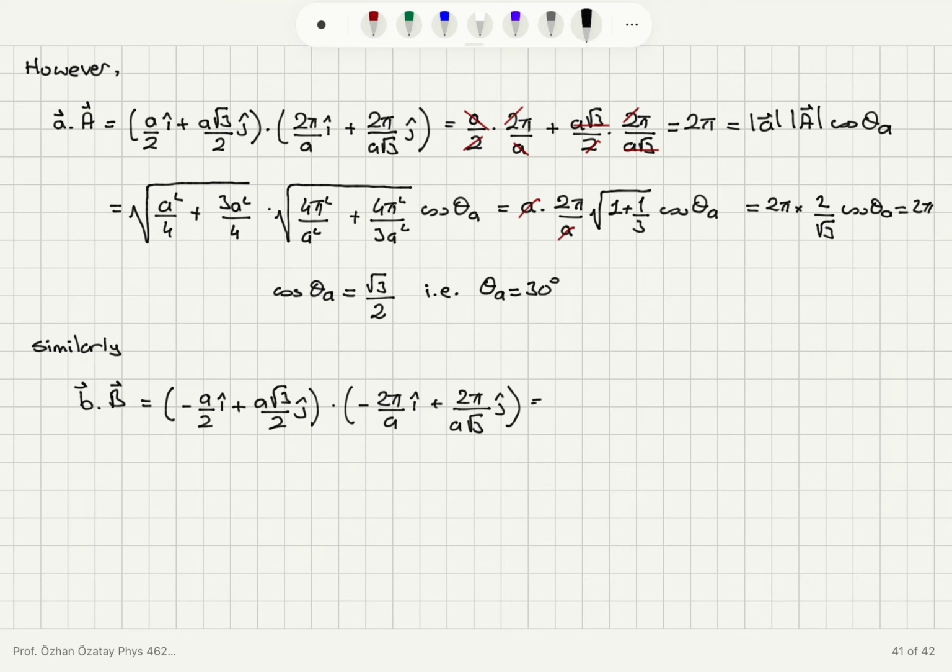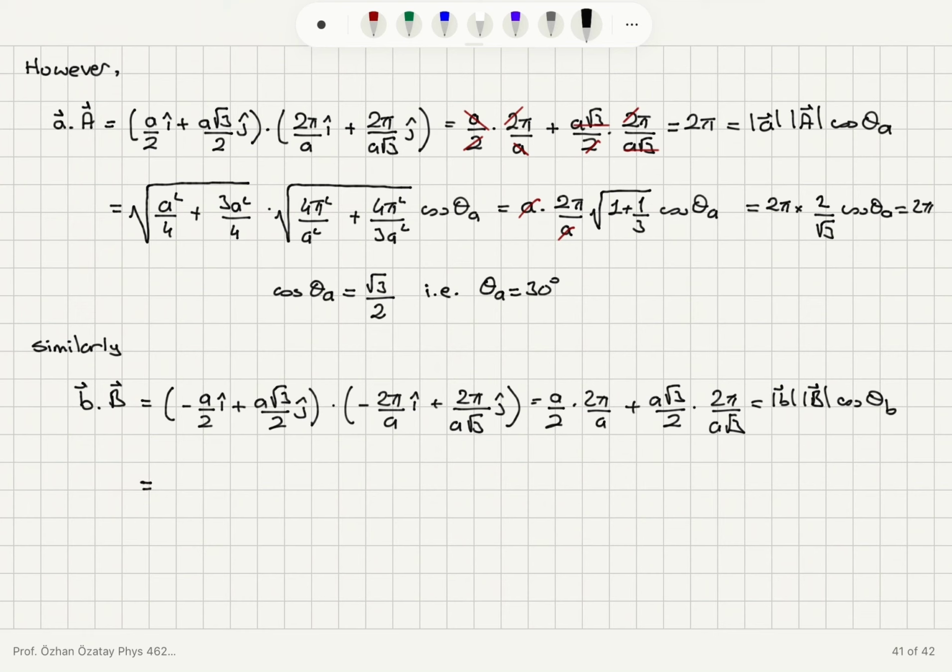This will give us, the minus signs will go away, A over 2 times 2 pi over A and A square root 3 over 2 times 2 pi over A square root 3, which will be magnitude of B, magnitude of capital B, cosine of the angle between them.